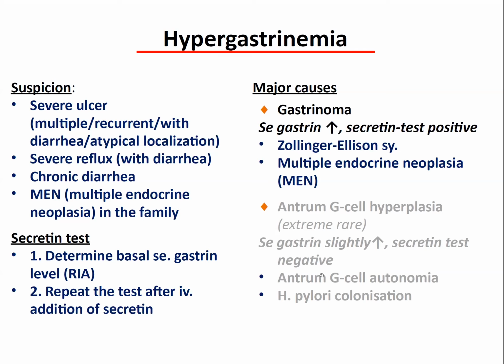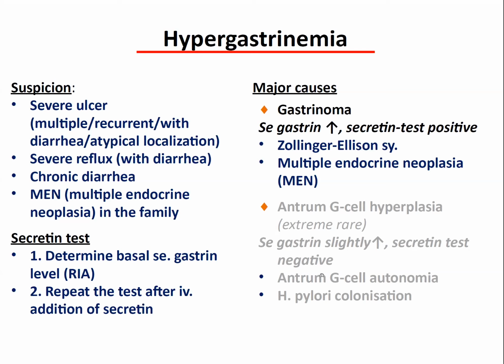Now, when are you suspicious about hypergastrinemia? If the patient has a severe ulcer complication, usually recurrent ulcers or multiple ulcers with diarrhea or atypical localization, severe reflux, such as very severe and chronic GERD, and some other signs of endocrine disorders, such as, for example, parathyroid hormone level, thyroxine hormone level, and growth hormone level, which can be associated with this.